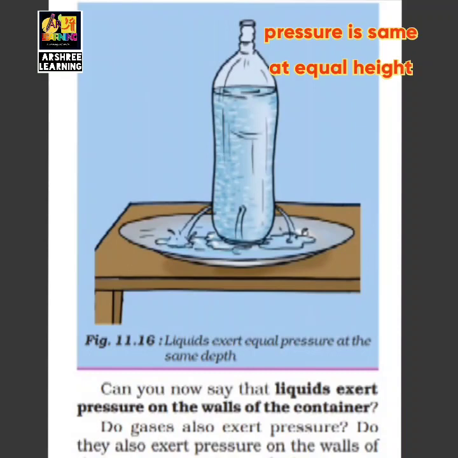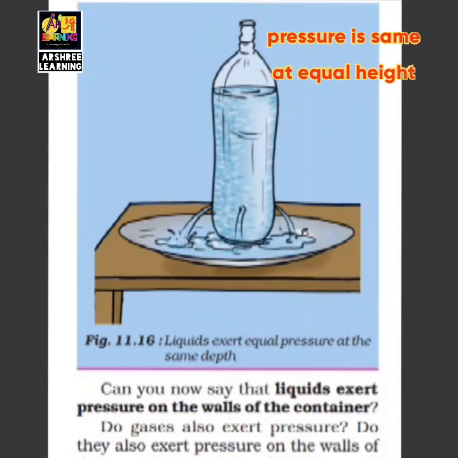That means at the same distance from the bottom of the bottle, 4 holes are made on the 4 sides of the bottle, and then it is filled with water. So we know that water will start coming out. This water comes out at a fixed speed. So we will see that the water comes out at a fixed pressure, and it falls at the same distance from the bottle.